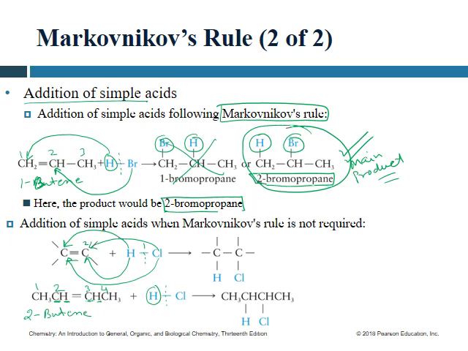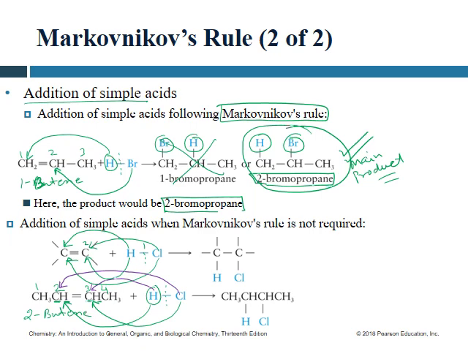So it's up to you whether hydrogen goes to the 2, then chlorine will go to the 3, or if H goes to the 3, then chlorine is going to get 2. So it doesn't matter which way, because there is a tie between 2 and 3. Nobody has a higher number of hydrogen, both are equal.